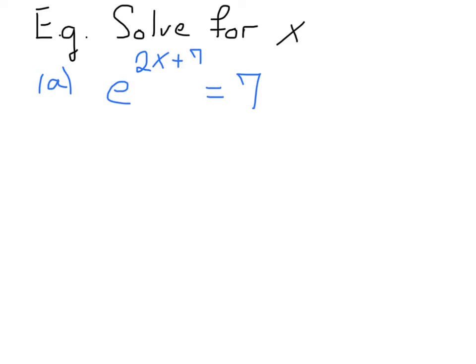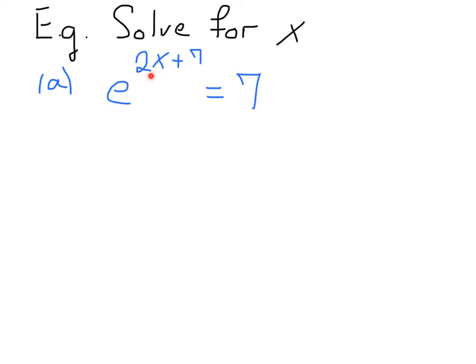Okay, so we have this x sitting as an exponent, and somehow we need to solve for x. And if we want to solve for x, somehow we've got to get rid of this e, this exponential function. Well, if you're trying to get rid of an addition, you'll use subtraction, the inverse operation to addition.